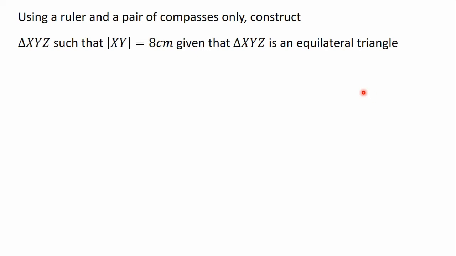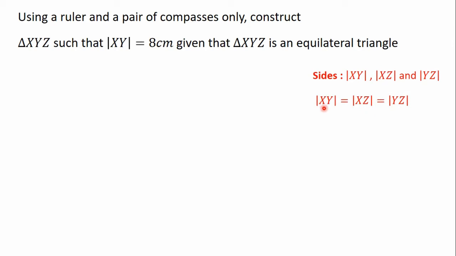So, if triangle XYZ is an equilateral triangle, then it means that the length of all the sides of the triangle XYZ are equal. The sides of the triangle XYZ are the side XY, the side XZ, and the side YZ. As you have already seen, for an equilateral triangle, all the sides are equal in length.